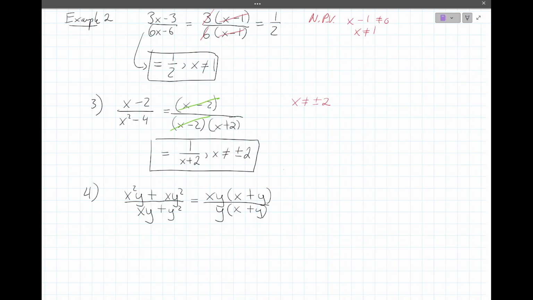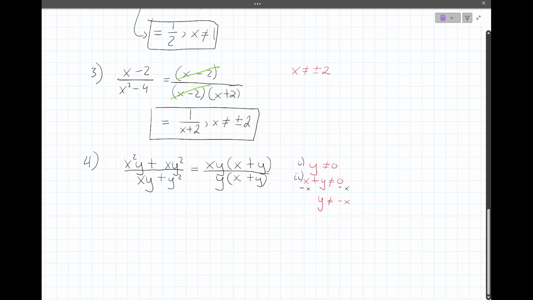Now, at this point, I know that y cannot equal 0 and x plus y cannot equal 0. Since one of our restrictions is in terms of y, let's get the other one in terms of y. I'm going to subtract x from both sides. This is case 1, this is case 2, and I'm going to have y cannot equal negative x.